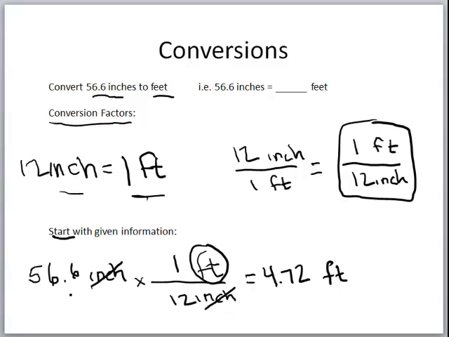So what we've said is that 56.6 inches is equal to 4.72 feet. And that's about what we said in the beginning. If you spread your arms apart as far as possible, that would be roughly 4.72 feet. So oftentimes in this class, you're going to be asked to convert one unit to another, and you're going to do that by finding a relationship, making a fraction, and then using that fraction in the problem.